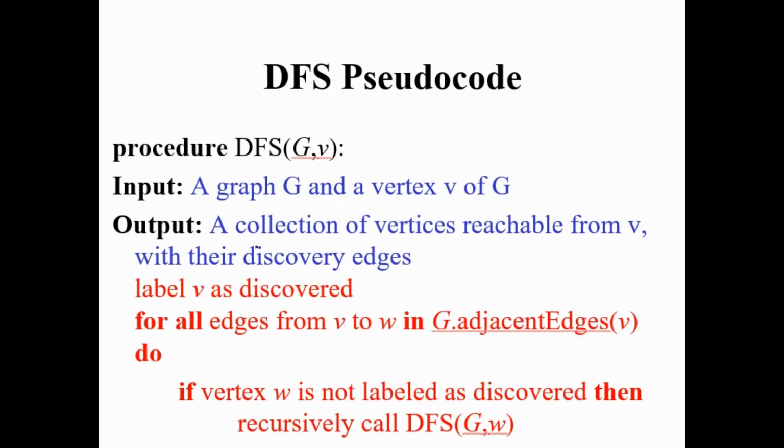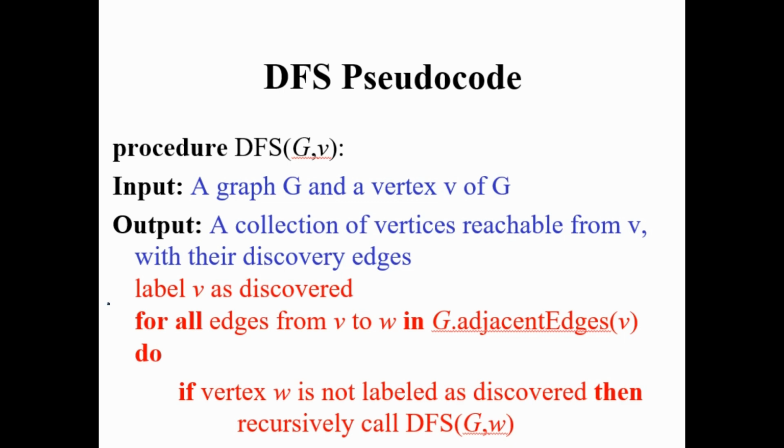Now here's the pseudocode for the DFS algorithm. You have two inputs: the graph that we wish to perform this DFS algorithm on, and the starting vertex. What it gives is a collection of vertices reachable from V, the starting point, with their discovery edges. How do we implement that?